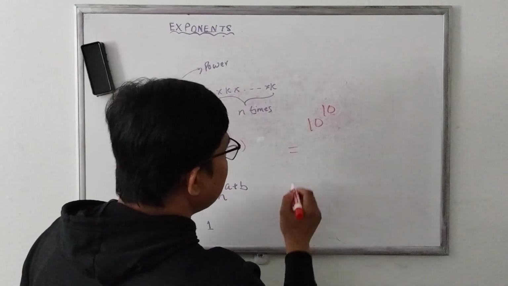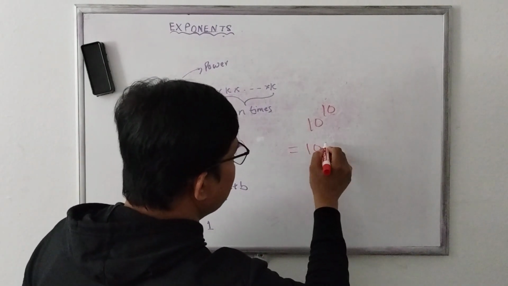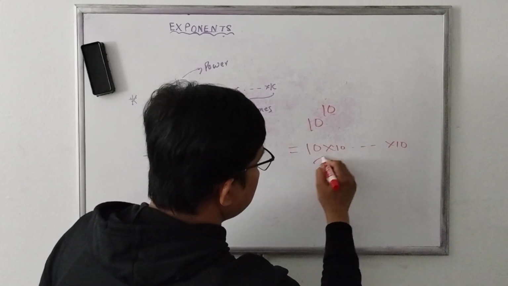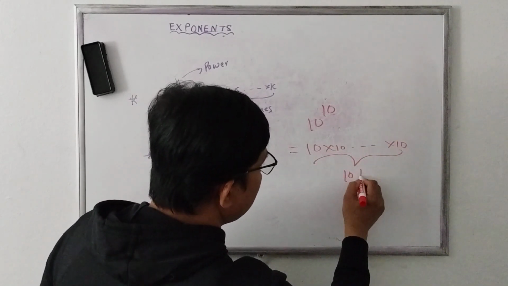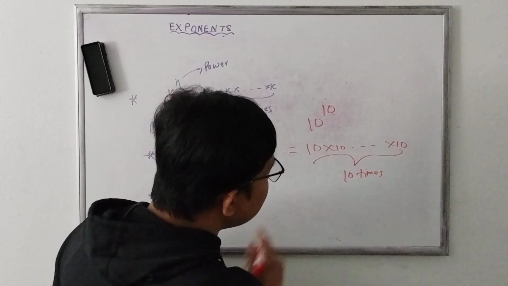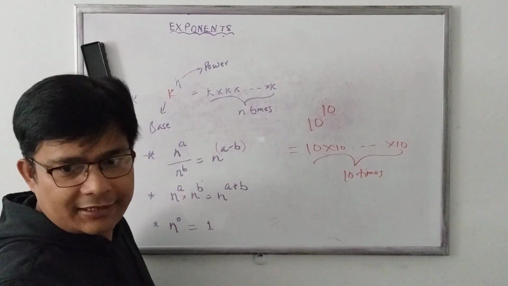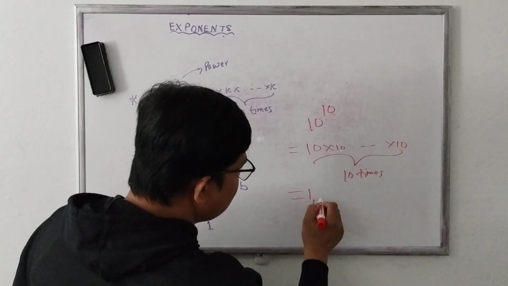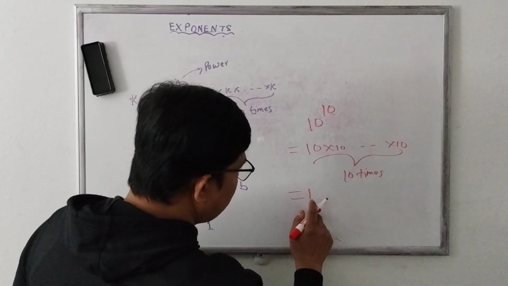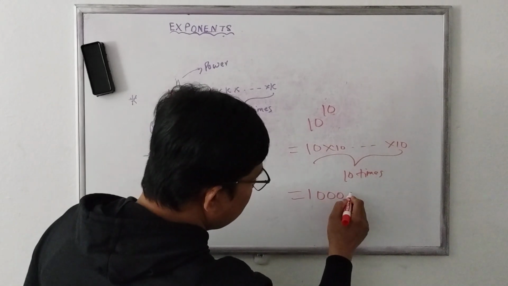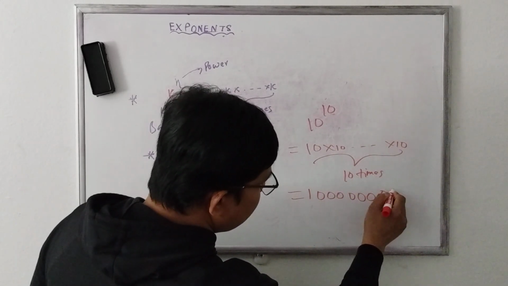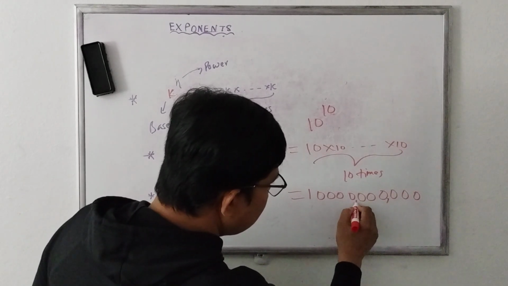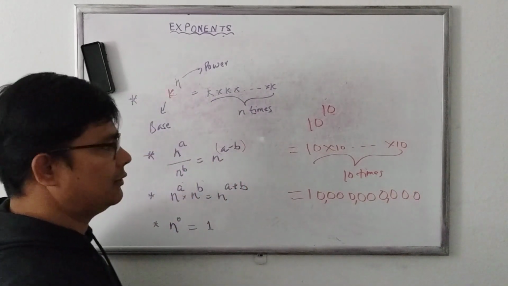For this one, we just have to multiply 10 ten times. If we multiply 10 ten times, we can close our eyes and just write 10 zeros: 1, 2, 3, 4, 5, 6, 7, 8, 9, and 10. So in the American system, that is 10 billion.